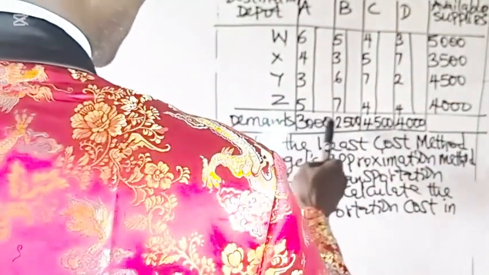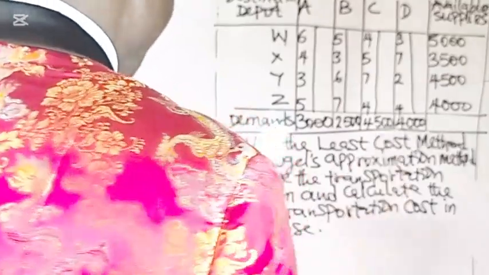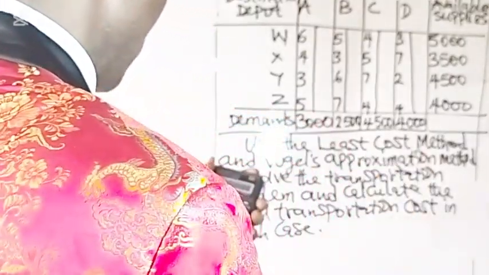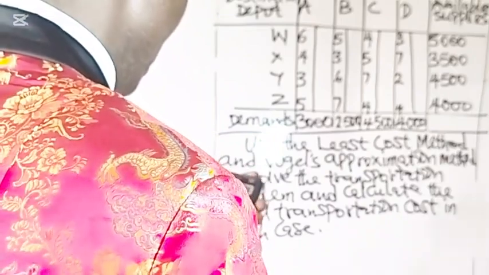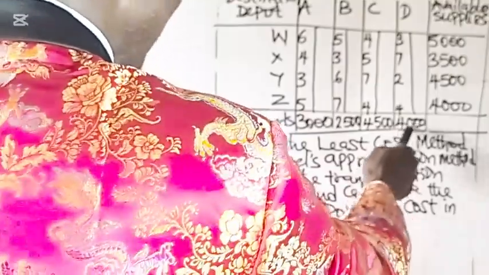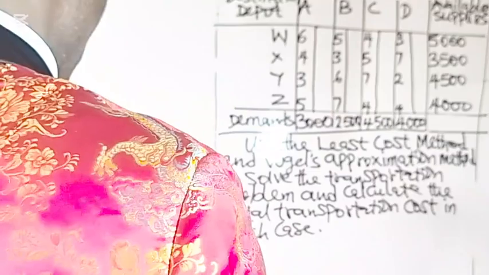Sum up the demand. So 3,000 plus 2,500, that will be 5,500, plus 4,500 plus 4,000. Our total demand is 14,000. What is the total supply? 5,000 plus 3,500, that is 8,500, plus 4,500 plus 4,000.